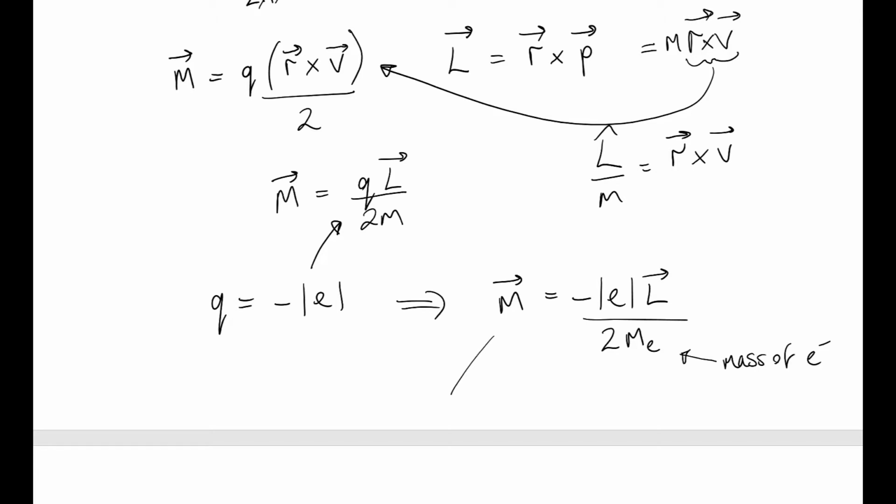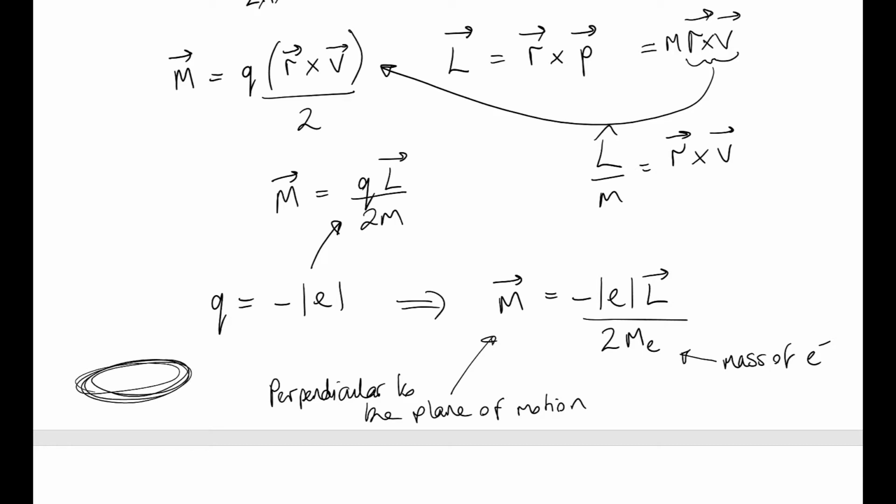We also recognize that this magnetic dipole is perpendicular to the plane of motion. Again, we've got this circulating charge, and the dipole moment, using the right hand grip rule, is pointing upwards when the electron is moving in an anti-clockwise direction.